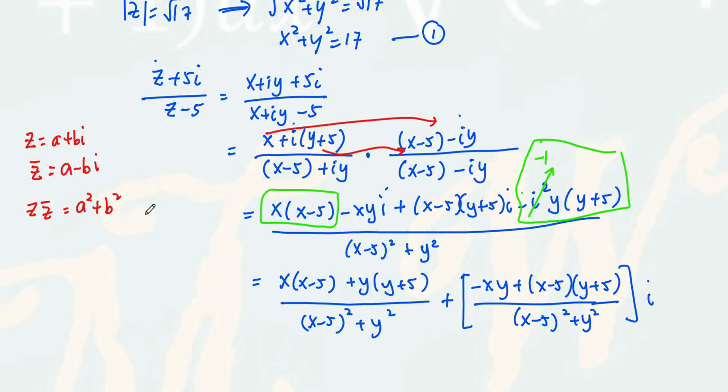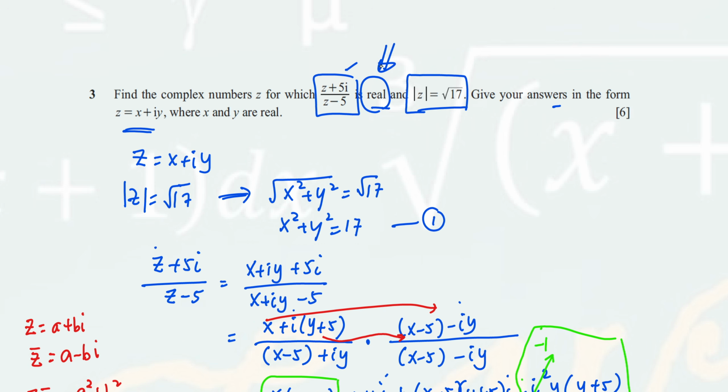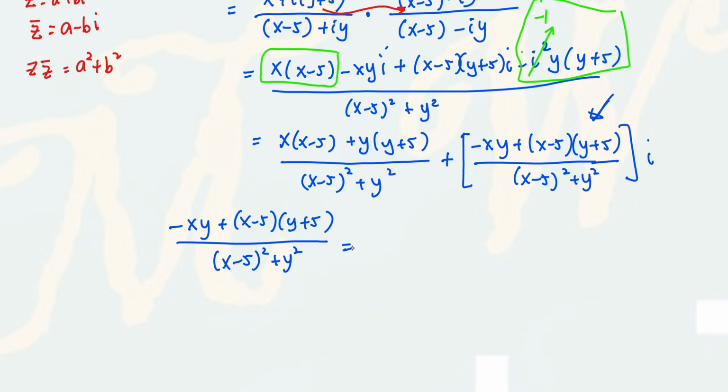Okay, so this is what we get after you simplify, but the question mentions that the complex number is real. Real means that the imaginary part is 0. Therefore I will let this be 0: minus xy plus x minus 5, y plus 5 over the denominator is 0.